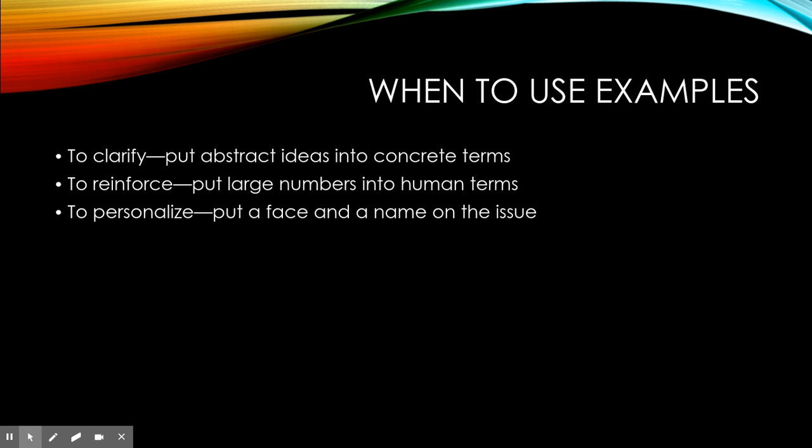So 3 different reasons that we use examples or source information. Number 1 is to clarify. We're going to take abstract or bigger ideas and put them in concrete terms that we can attach something to.